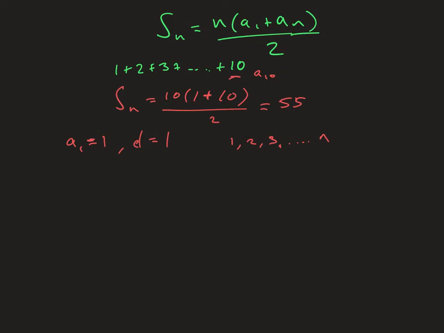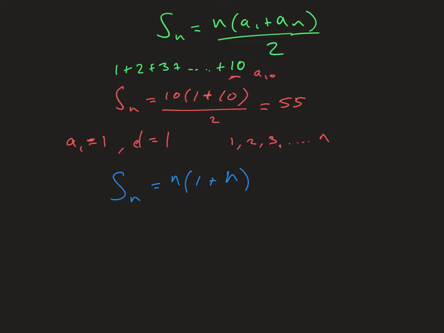But what is our sum? What is s sub n in terms of n? Well, let's see. If we have s sub n equals n, well, n is n. It's the number of terms we have, so we can leave that as is. A sub 1 is 1. A sub n is n.